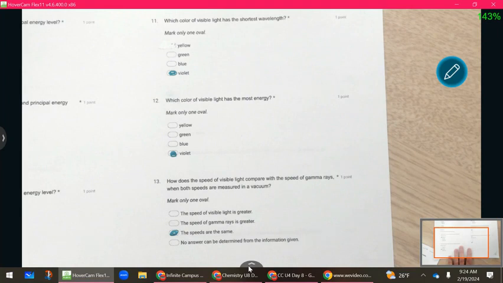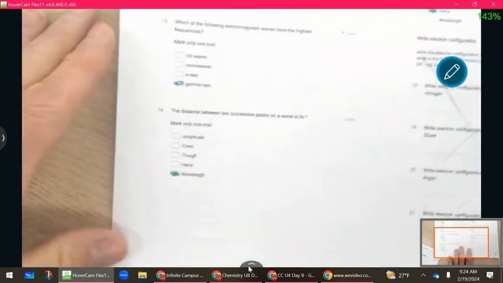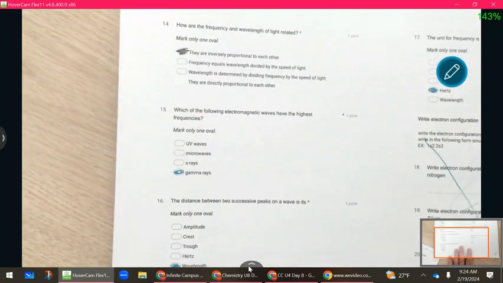That one again. Okay? How does the speed of visible light compare to the speed of gamma rays when both speeds are measured in a vacuum? All of them are at that speed. Questions? How are frequency and wavelength in light related?